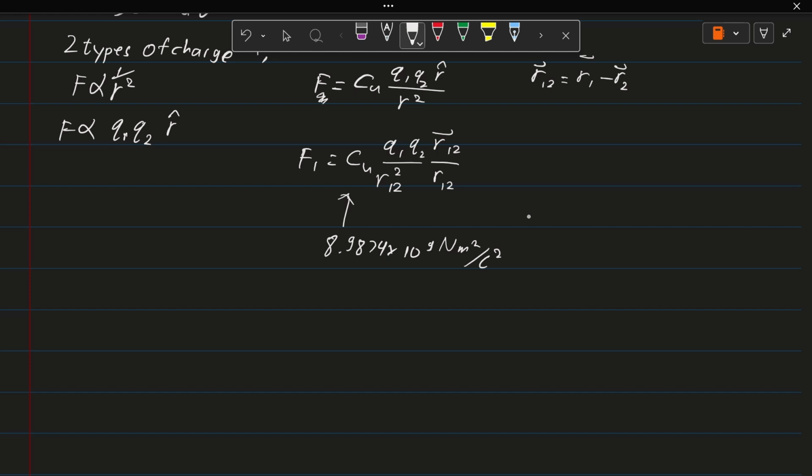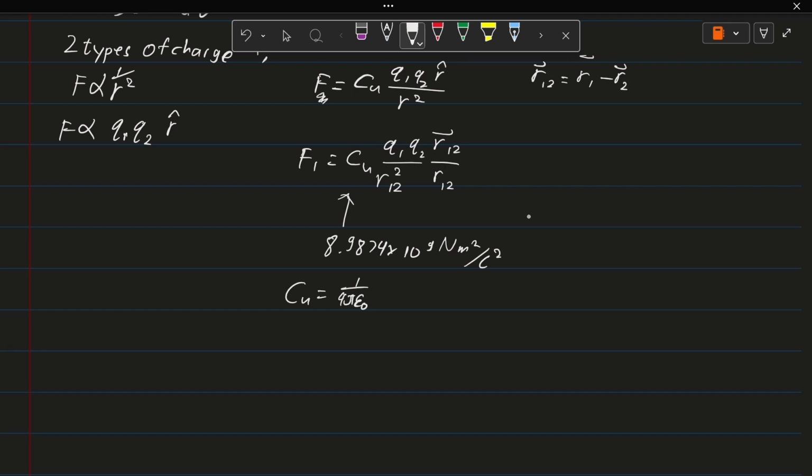And so to make sure that the definition of amperes is conserved, you use the idea of coulombs. But normally people don't use this value when it comes to physics. Instead, Cu is defined to be 1 over 4 pi epsilon 0. And this will be explained once we get to Gauss's law.